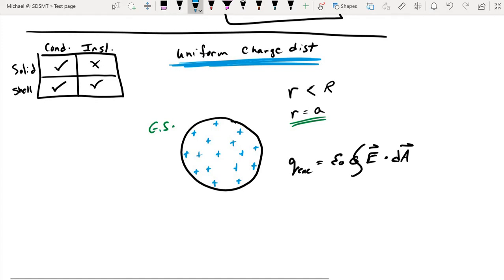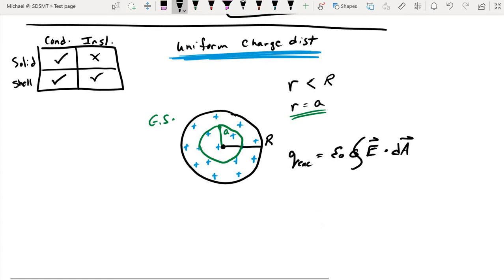But now if I try to measure the electric field at some point a distance of A from the center of the sphere, we will see that we do in fact contain some charge. And because we've contained some charge, we will have some net amount of electric flux passing through the surface of that Gaussian surface that we've drawn here.